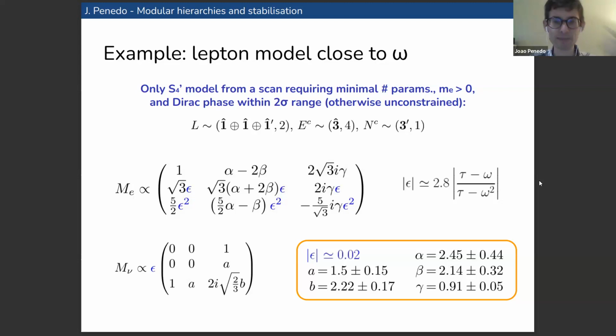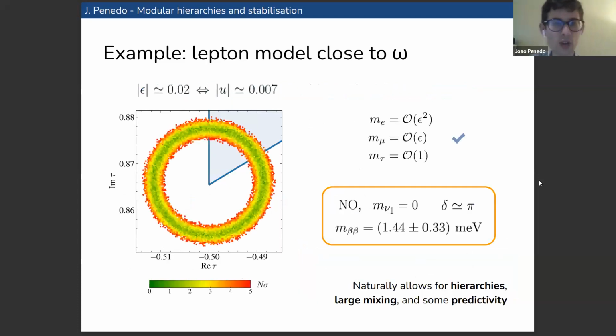So even though you have here 1, 2, 3, 4, 5 parameters plus tau, you are getting some predictions. So this is a lepton model close to omega, where I'm zooming in here on omega. This is a zoom in the fundamental domain. So you see tau is constrained to be in a ring around this point. And this epsilon, or u, are small, you get the masses, as I told you, 1, epsilon, epsilon squared.